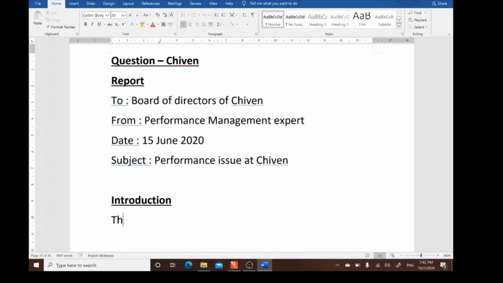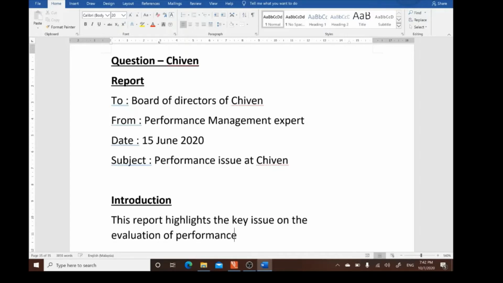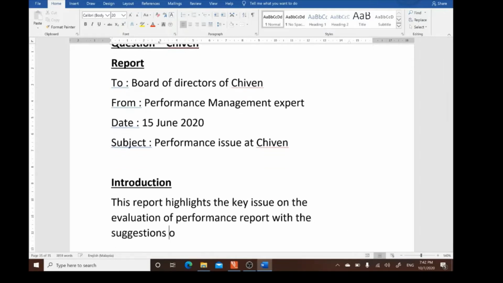I mentioned that this report highlights the key issue on the evaluation of performance report. This is number 1. Now, with the suggestions of 3 new measures for our company.